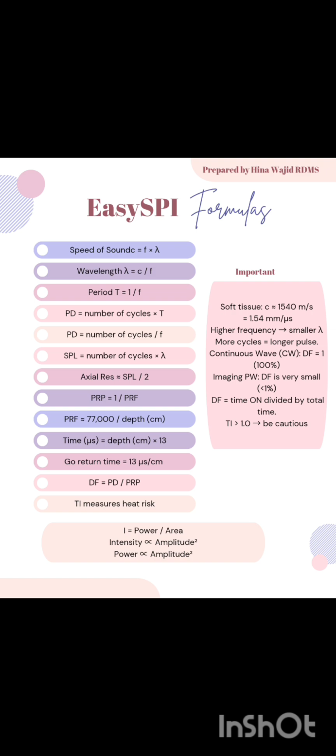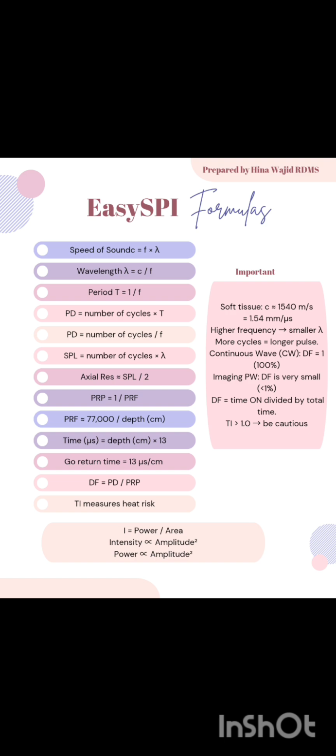PRF, pulse repetition frequency and depth relationship. PRF is equal to 77,000 divided by depth in centimeter. So, increased depth means PRF decrease. And less depth, shallow depth mean PRF increase. Then, go return time value is fixed. 13 microsecond per centimeter.